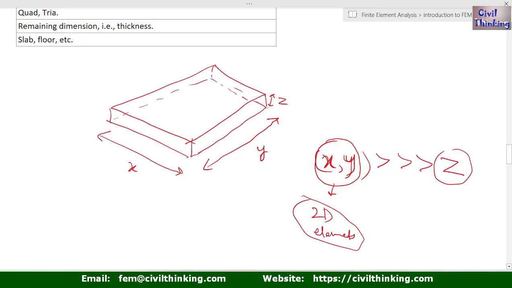Now what happens in 2D elements? Basically, any software which works on FEM draws a 2D plane in the middle.